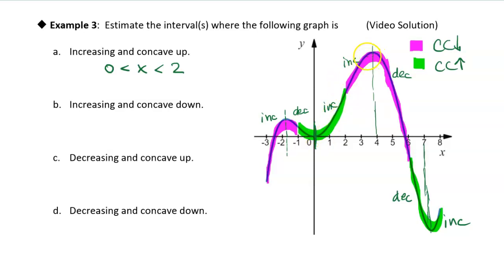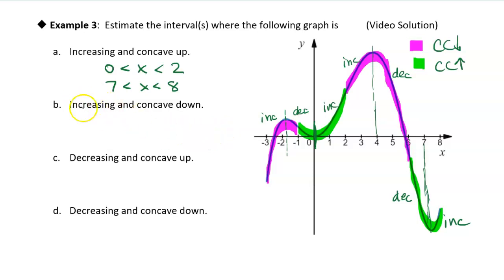Here it's increasing, but it's concave down again. It's decreasing and concave down. Here it's decreasing, and here again it's increasing and curved upward. So we have another interval from 7 to about 8 where it's increasing and concave up.